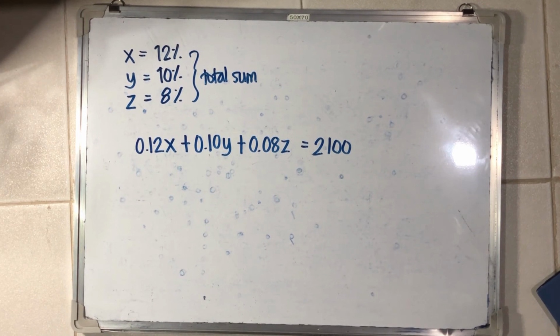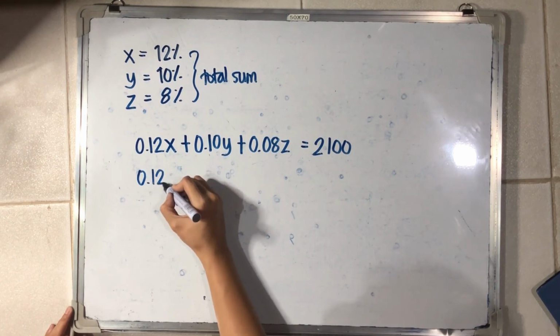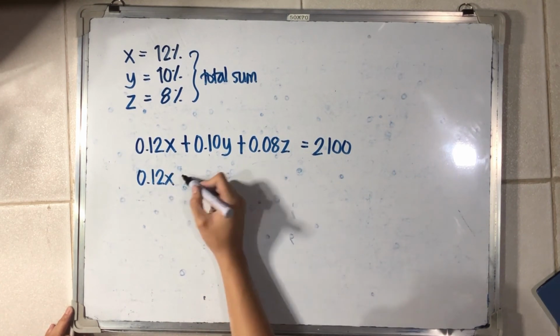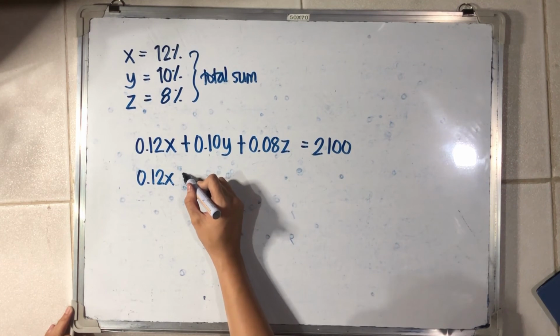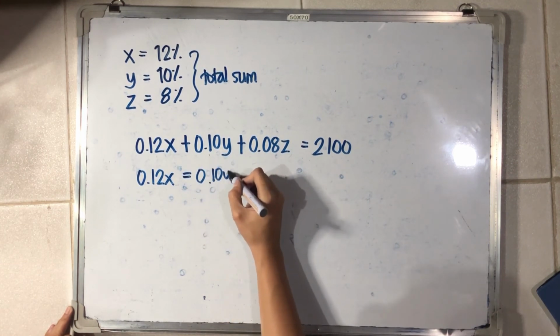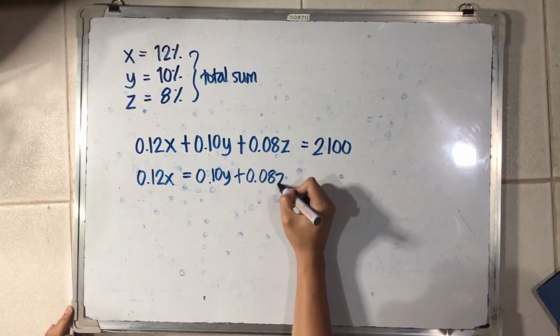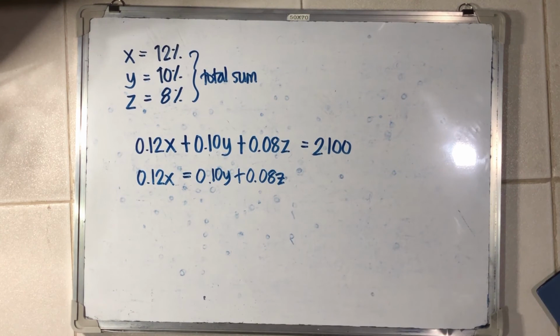And then, the first investment yields as much as the other two combined. The first investment, this 0.12x here, this would yield daw to the other two combined. So, that's 0.10y plus 0.08z. Yun yung sinabi niya.